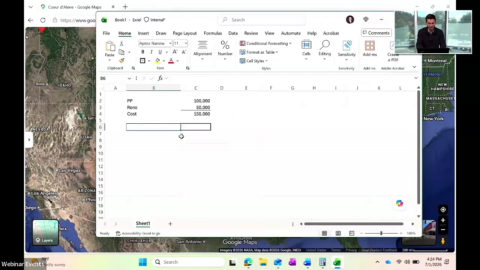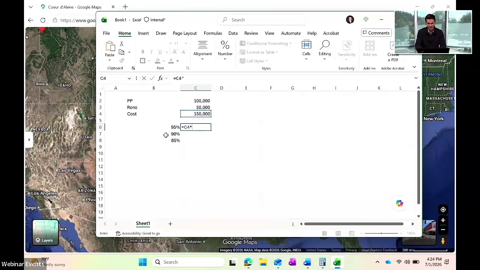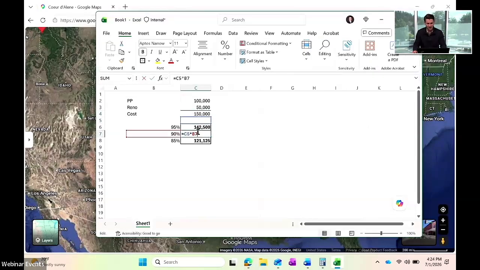If we're sizing the loan at 95% loan to cost, let's just give a range of values here: 90%, 85%. I'm going to have to adjust these cells. What I'm getting right now is the loan amount, and then the next column is going to be down payment.